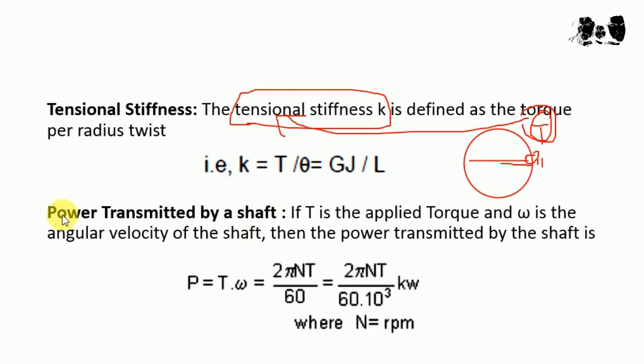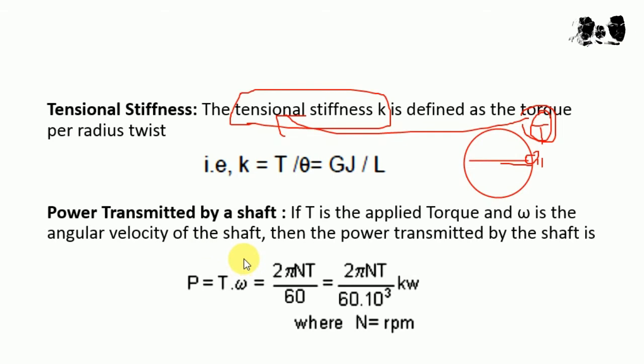And the next notation, or analytical deduction, is the power transmitted by a shaft, which is also a prime factor used in the case of torsion in a shaft.